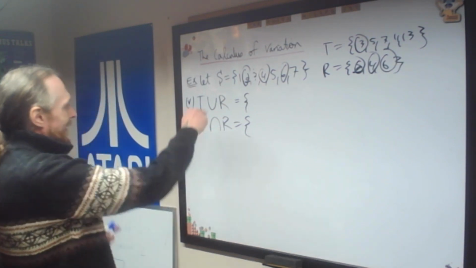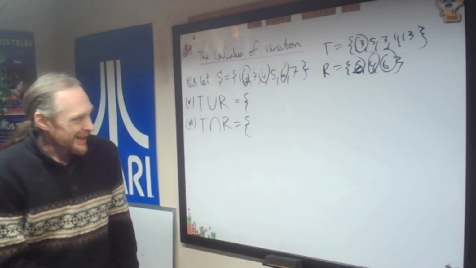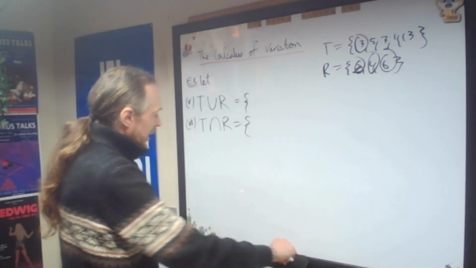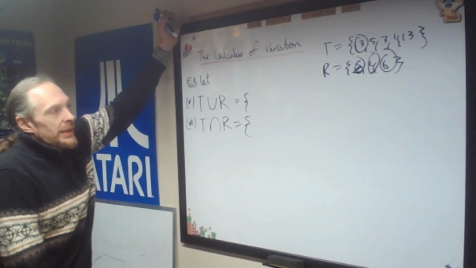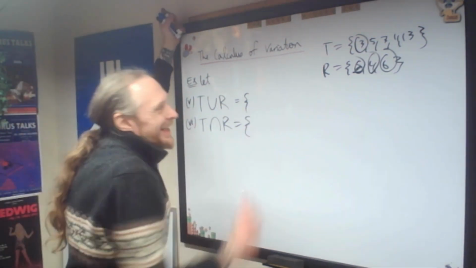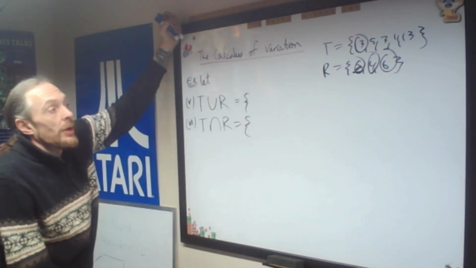All right. T union R and T intersect R now. We can scrap S. For where we're going, we don't need roads. What do I need? Interval notation and set builder notation. T is going to be 3, 5, 7, 11, 13, the first 5 odd prime numbers.